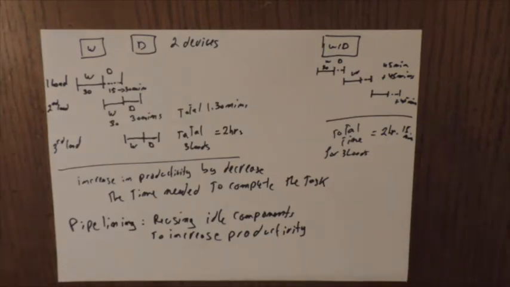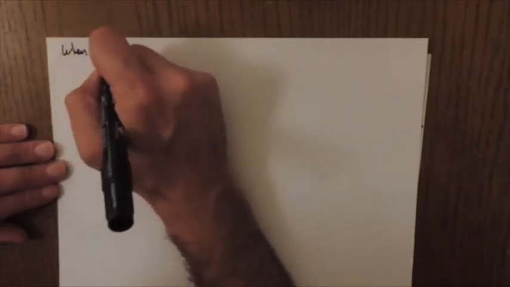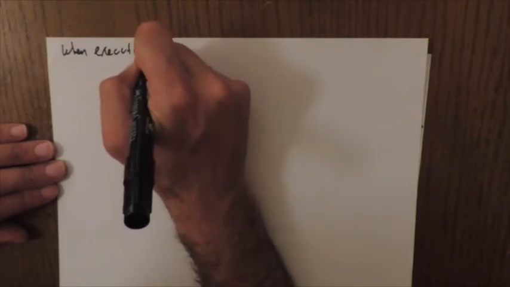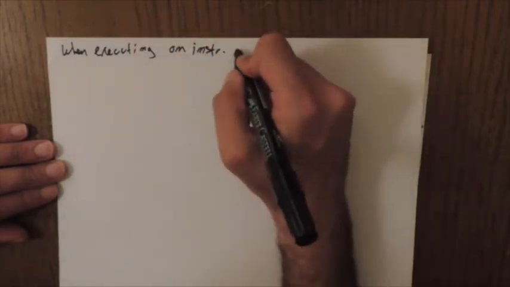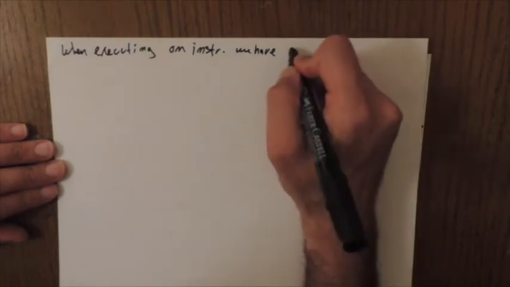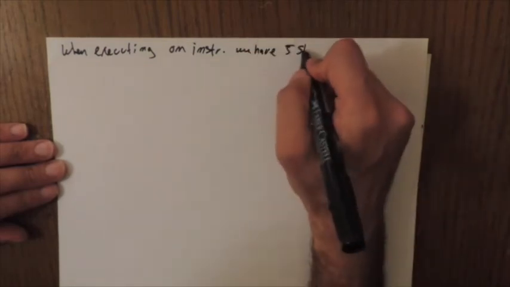So we said previously that the processor has 5 stages. If you remember my previous lectures, when executing an instruction, we have 5 stages.